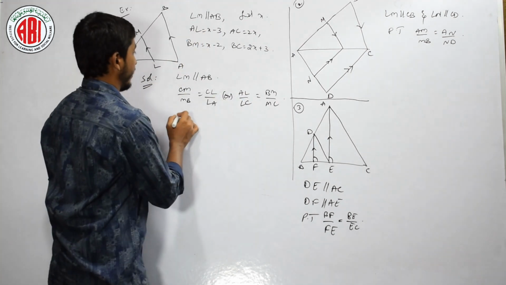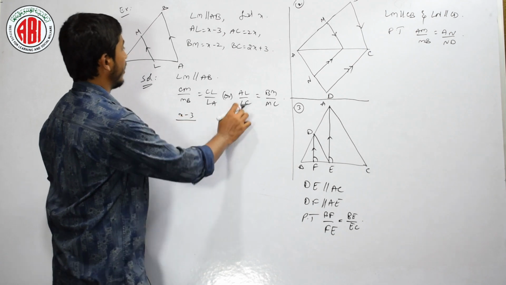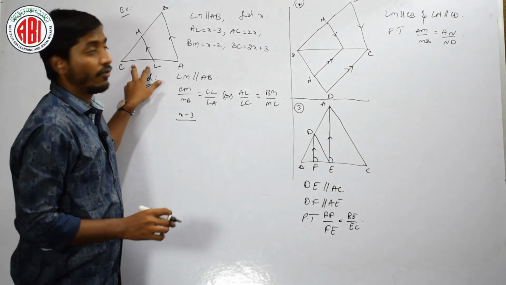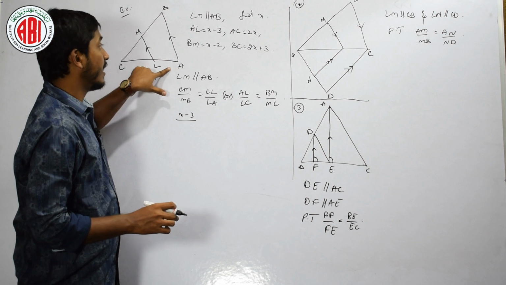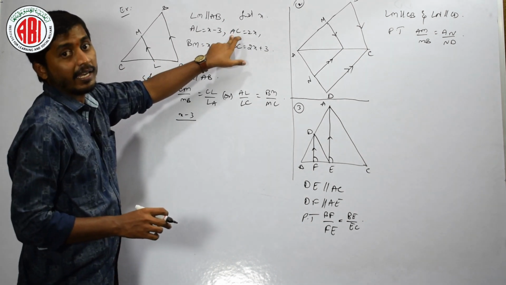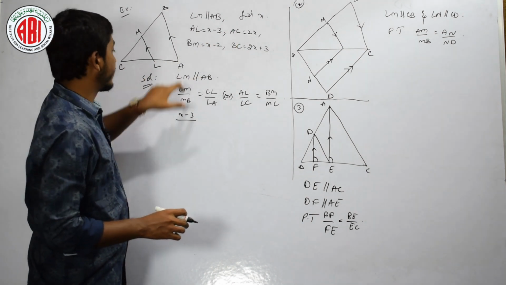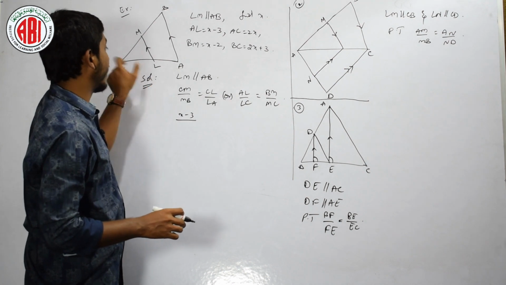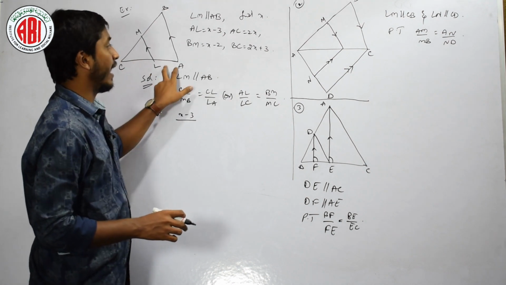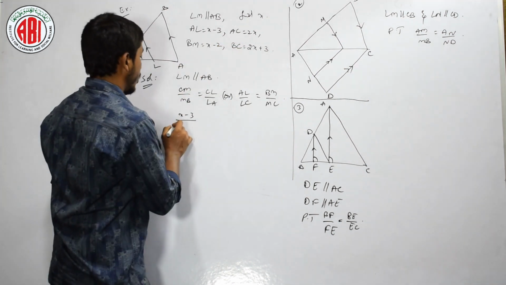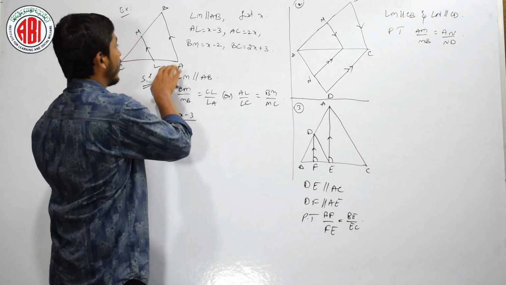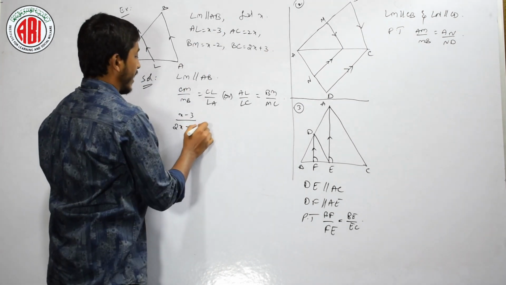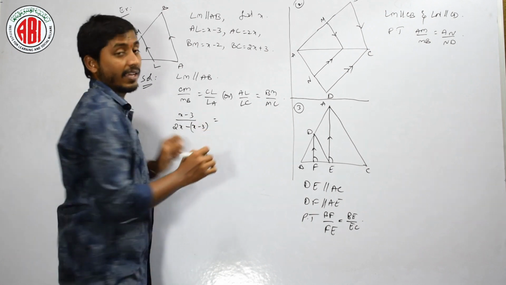Yes, we have. Write it there, x minus 3 by, do we have LC? No, we do not have. At least do we have AC? Yes, we have, right. Therefore, this LC can be written as AC minus AL. What is AC? 2x minus, what is AL? x minus 3, isn't it?